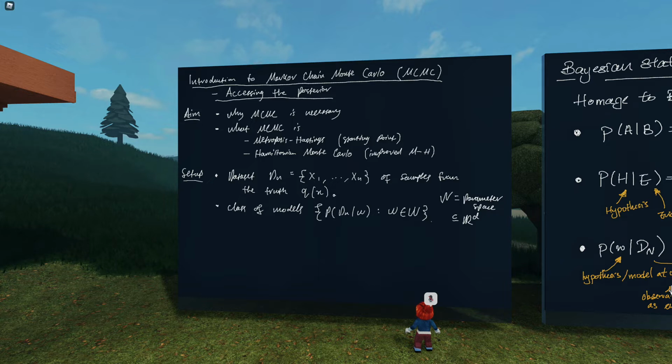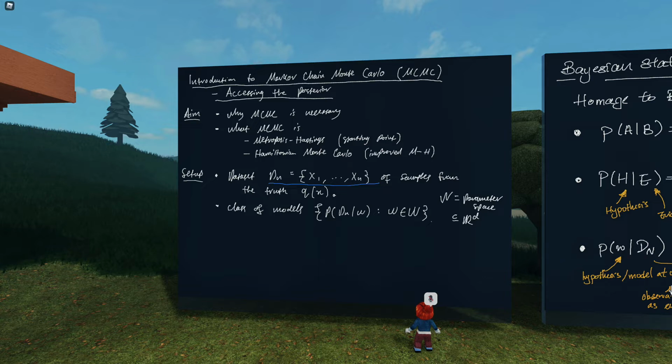And so we believe that this class of models, or one of these models, is a model for the data that we have gotten in the data set that we have sampled from the truth. And so the objective is to try and assess which of these models is good.